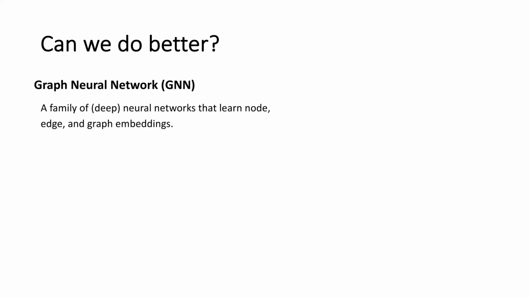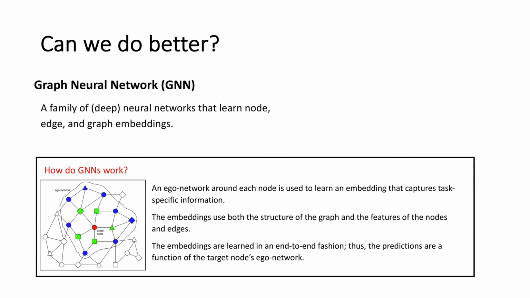A graph neural network is a family of deep neural networks that learn node, edge, and graph embeddings. The way a graph neural network works is as follows. We have a graph over here, and a particular node, let's call it the target node, for which we would like to compute these embeddings. What the graph neural network does is look at an ego network around that node. The ego network is a network centered on that node that contains all the nodes that are up to k hops away from that target node.